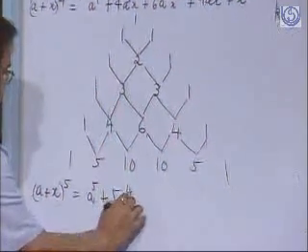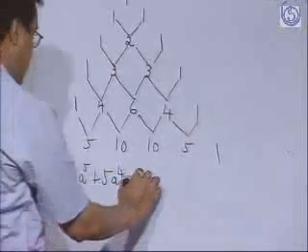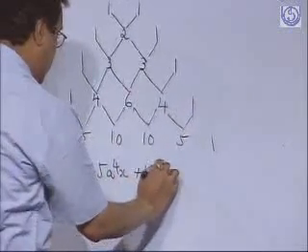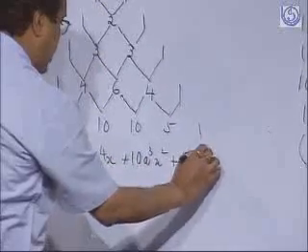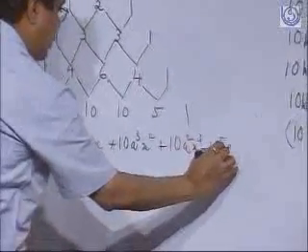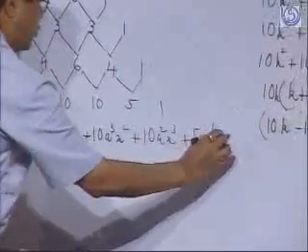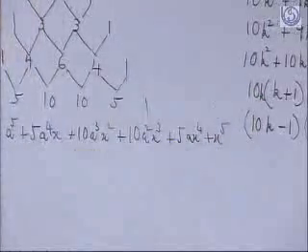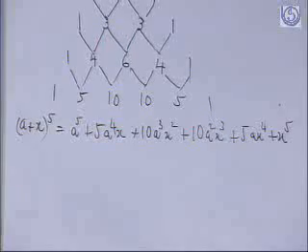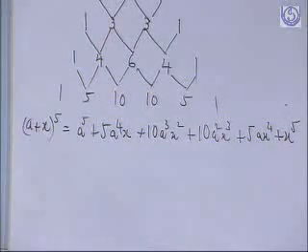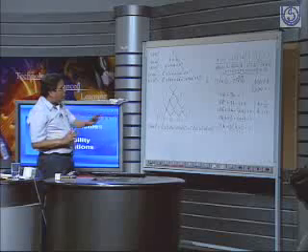Again a to the power of 5 plus 5a to the power of 4 x plus 10 a cube x square plus 10 a square x cube plus 5a x to the power of 4 plus x to the power of 5. Right? So at least we learned how to get the coefficients of x.